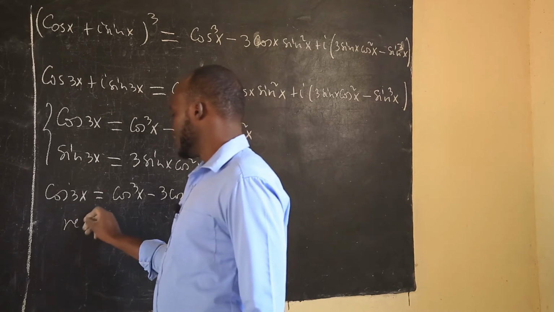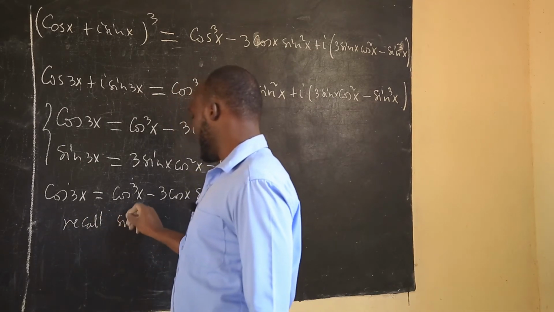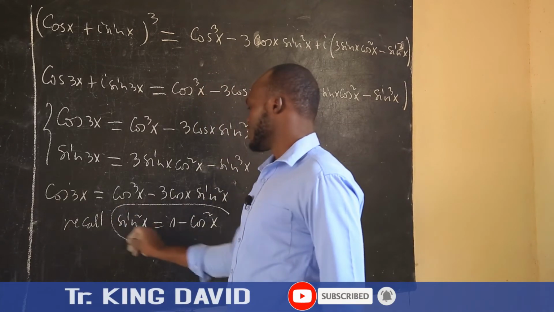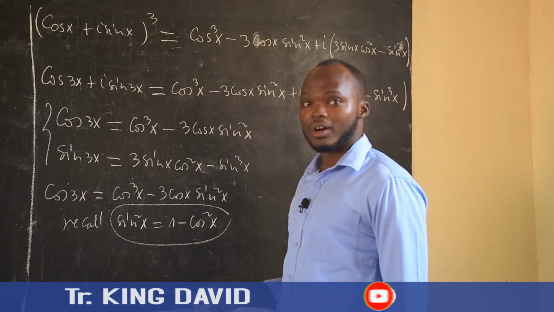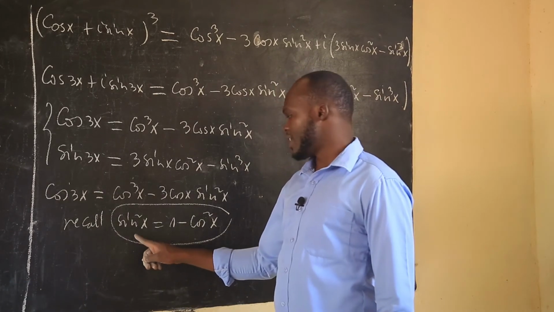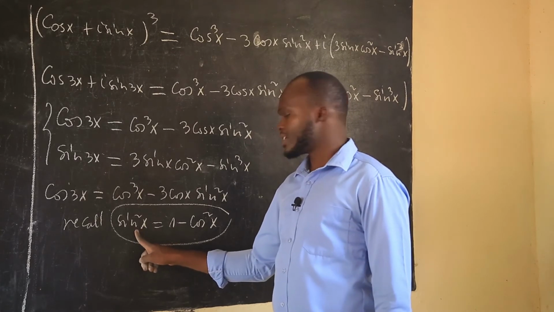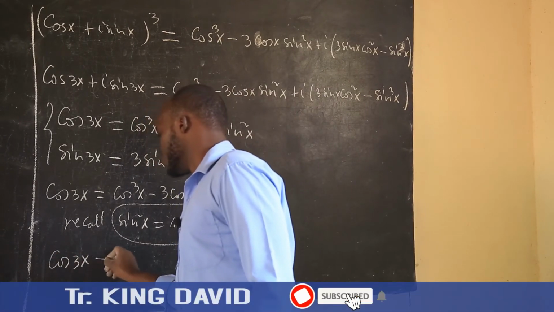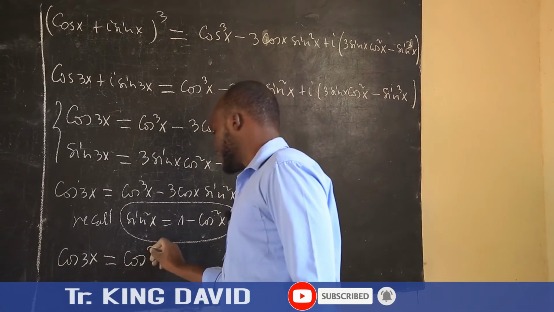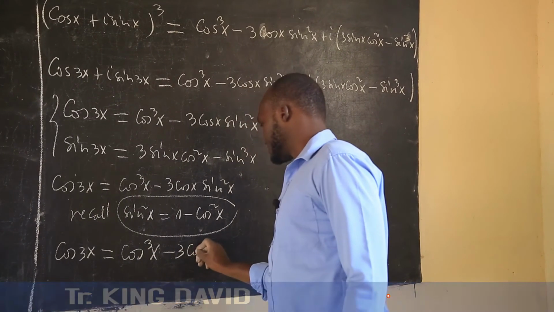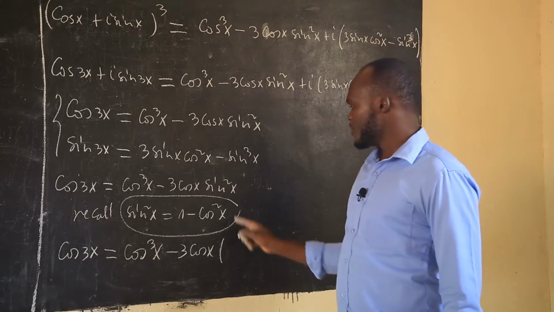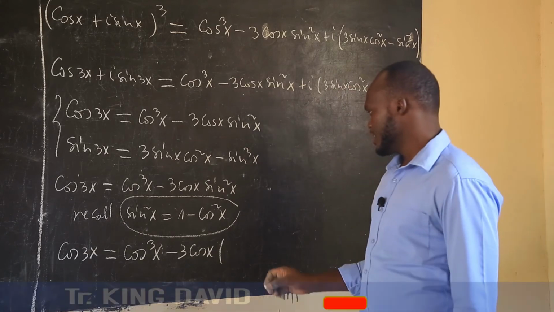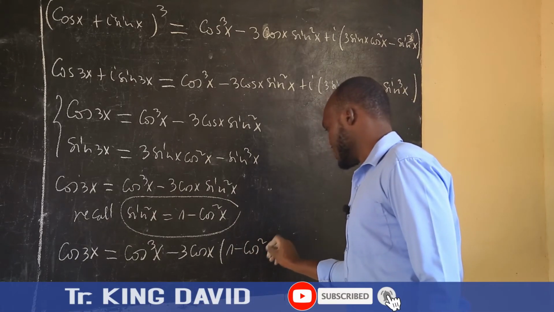Remember that sin squared x equals 1 minus cos squared x, because cos squared x plus sin squared x equals 1. Therefore cos 3x equals cos power 3 x minus 3 cos x times, converting to cos only, 1 minus cos squared x.